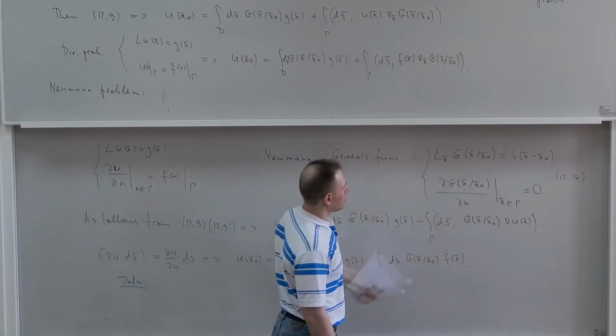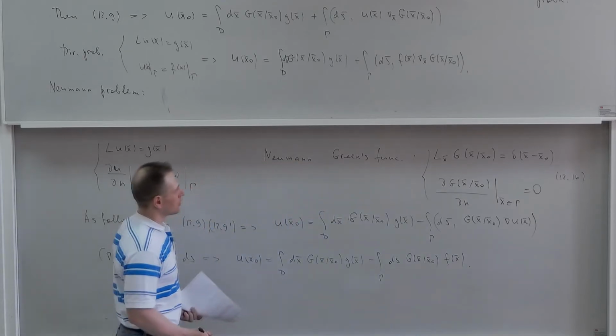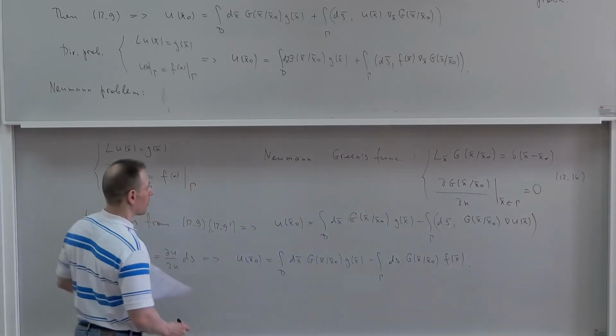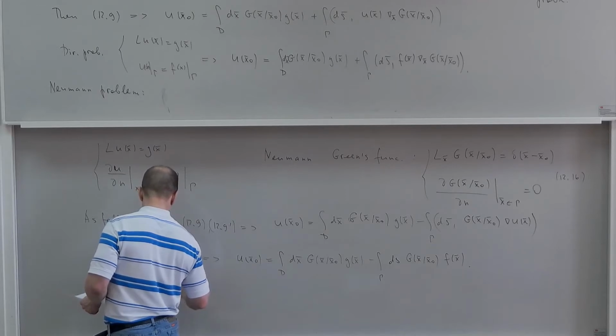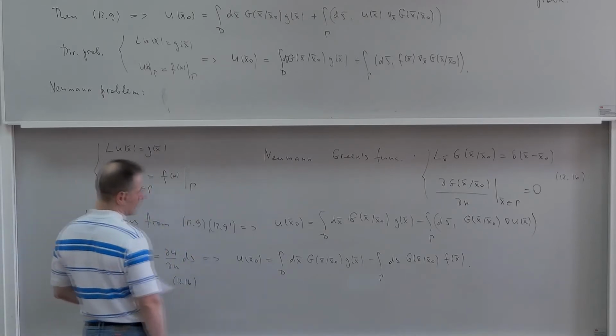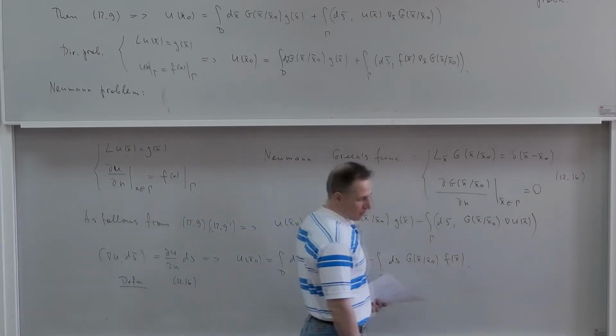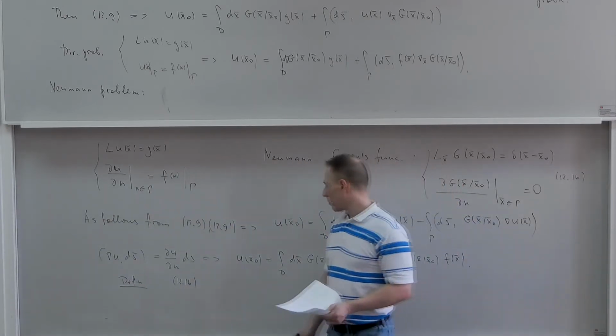The function which satisfies equation 12.16 is called Green's function for the Neumann boundary problem.